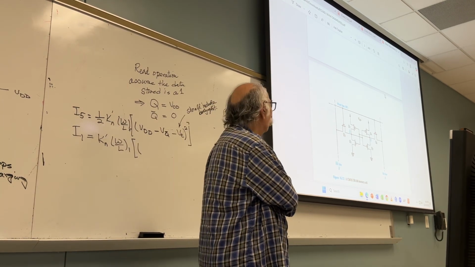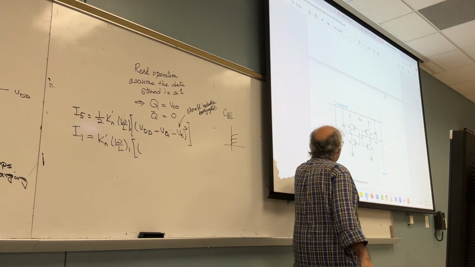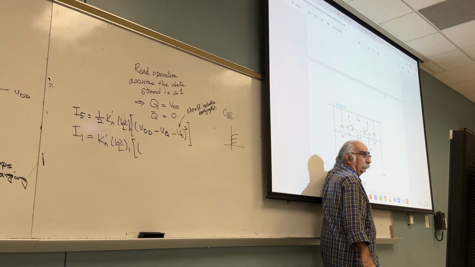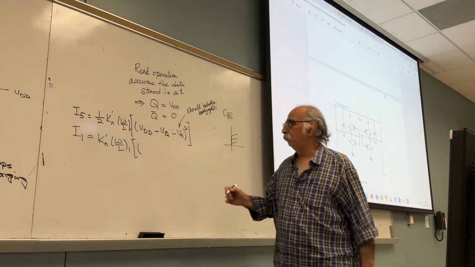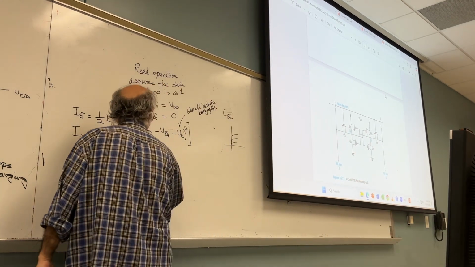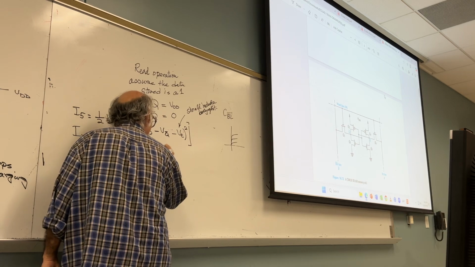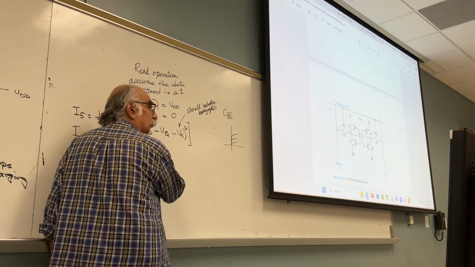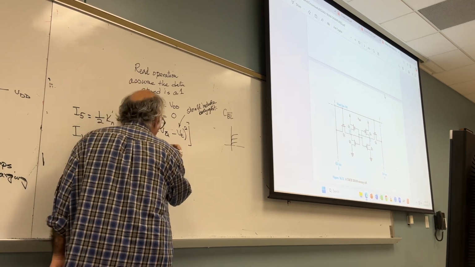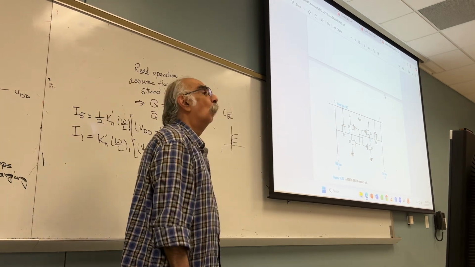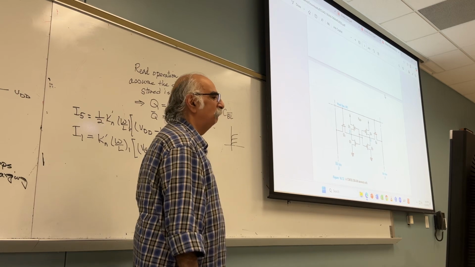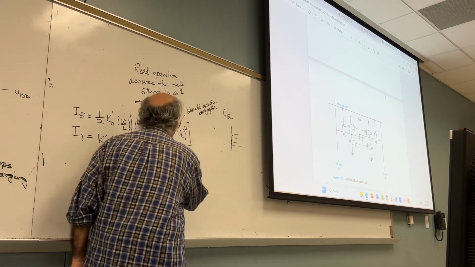For M1, what is the VGS? What is the voltage here? VDD. So it's VGS minus VT. Body effect or no body effect? No body effect. Times what should go in here? VDS, which is VQ bar.